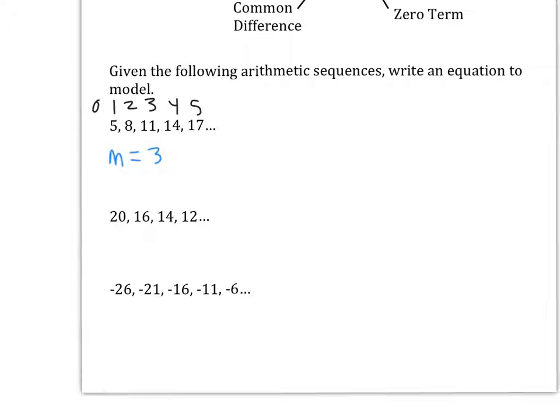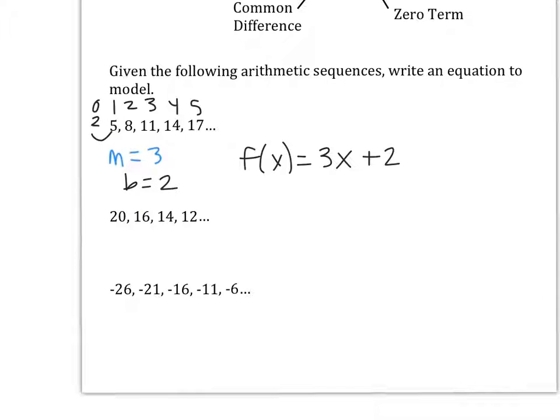So if I work backwards, what plus 3 equals 5? Well, if it doesn't jump out at you that that's 2, we could always say what's 5 minus 3 and work the other way. So here, b, or my y-intercept, or zero term, is 2. I keep saying y-intercept because that's usually how we commonly see b represented. So now when I put it all together, I have f of x equals mx, so 3x plus 2.